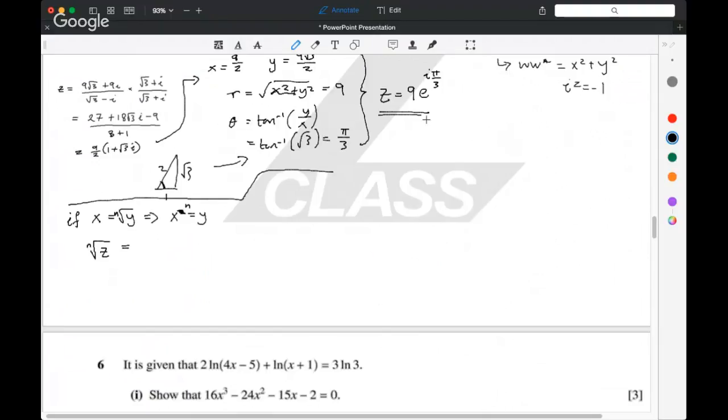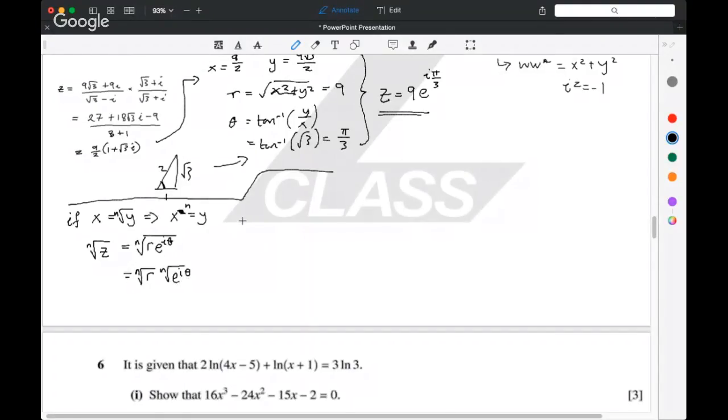Well, I'm going to express my complex number in this form. So that's going to be the nth root of r e to the i theta, some complex number. Well, I can separate the r out. The r is just a real number, so I can actually talk about the nth root of r, no problem. But what is the nth root of a complex number? Well, you might think that you could just divide.